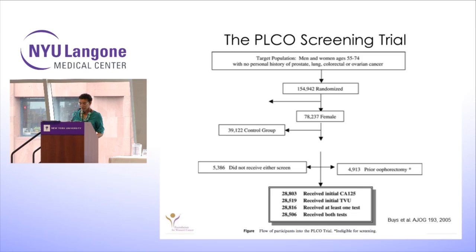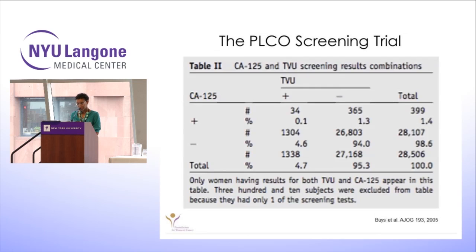So they actually found 78,000 women, 39,000 got no screening, and the remainder, 39,000, underwent routine screening. What that was, was a solitary CA125 and an ultrasound.